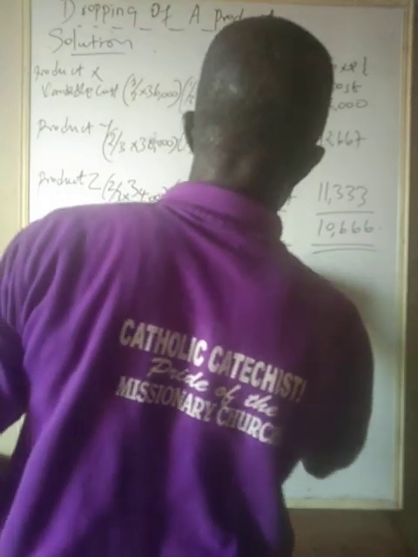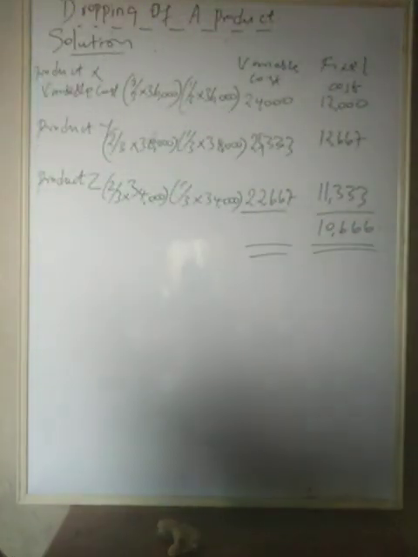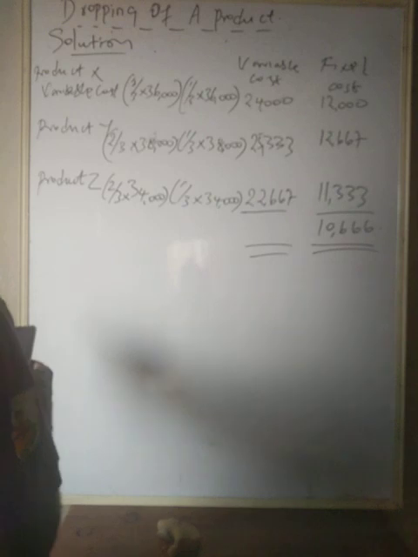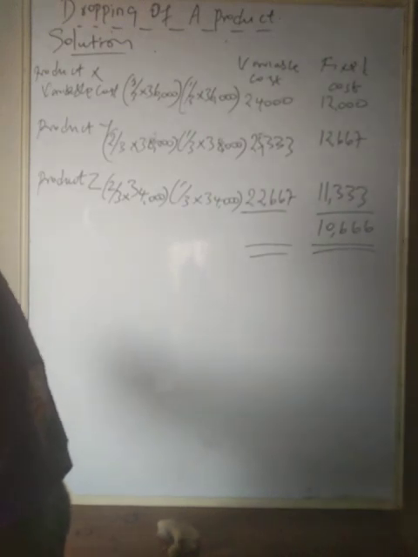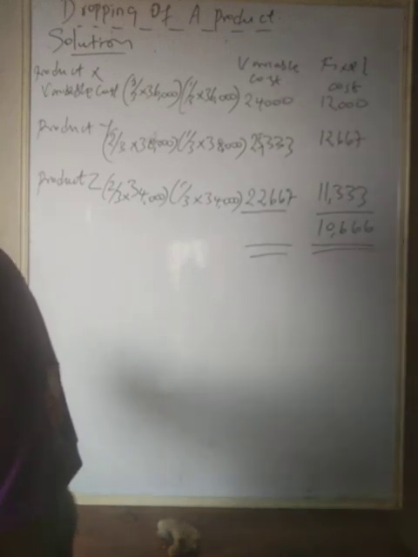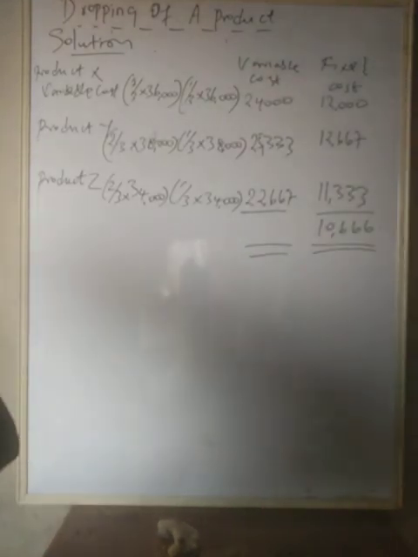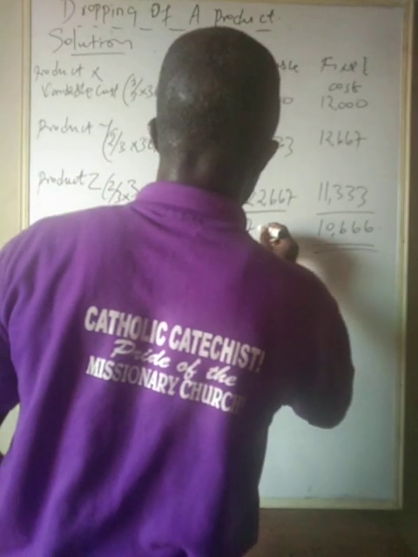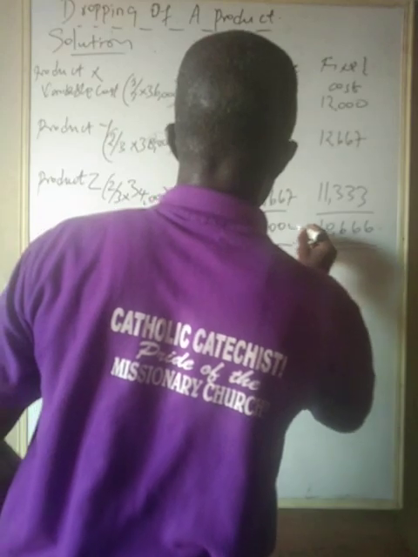And this is the total variable cost. 24,000 plus 25,333 plus 22,667, and that gives us 72,000.